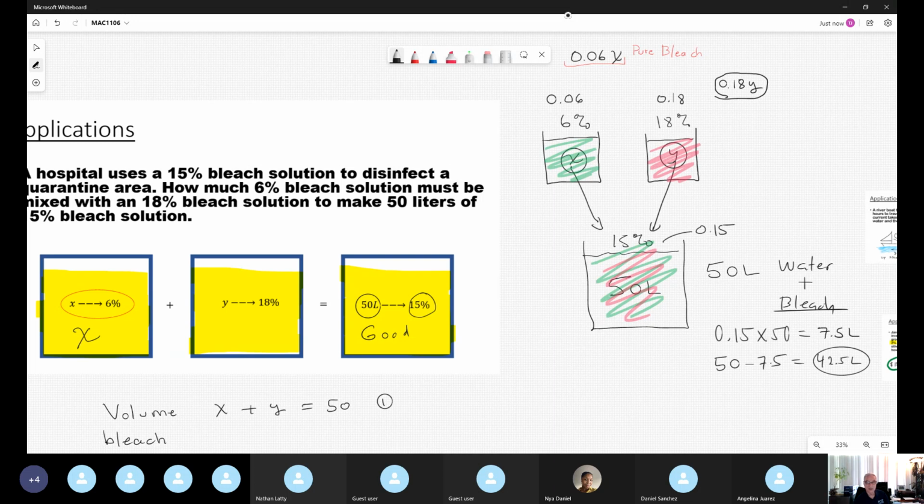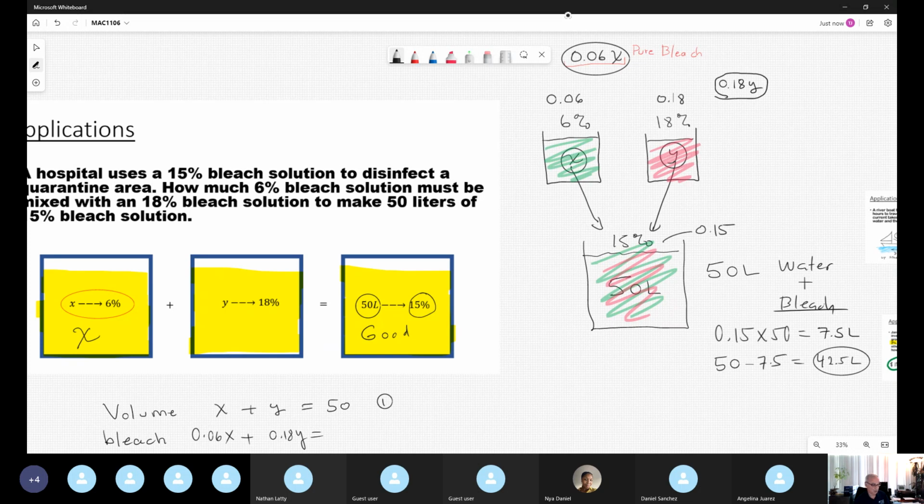So I set up the equation, copy this expression, that represents the bleach you extract in the first container, 0.06x, and the bleach you extract in the second container, 0.18y, equal 7.5.